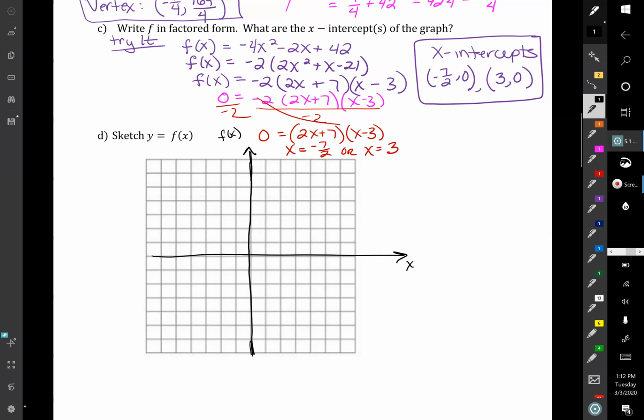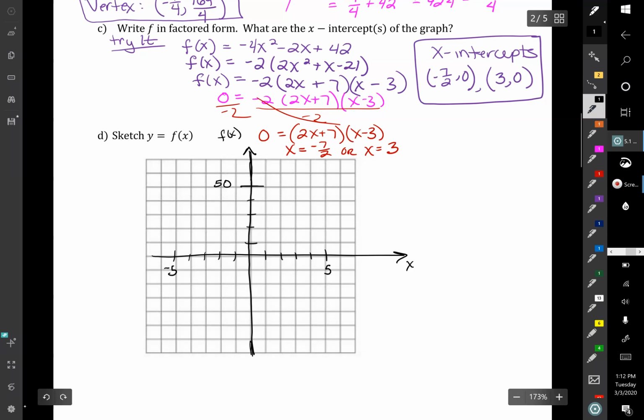So on this, I'm just going to set my horizontal axis to be units of ones. That'll be 1, 2, 3, 4, 5 to the right, and -5 to the left. And then the y-axis, I'm going to use tens. 10, 20, 30, 40, 50 up here.